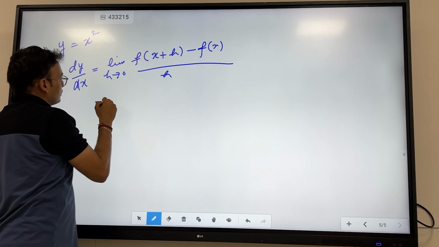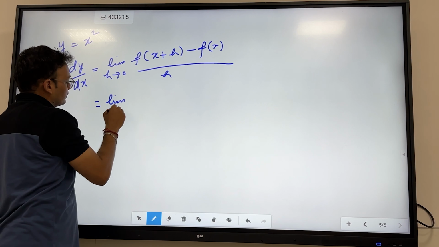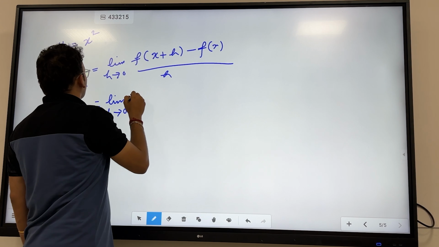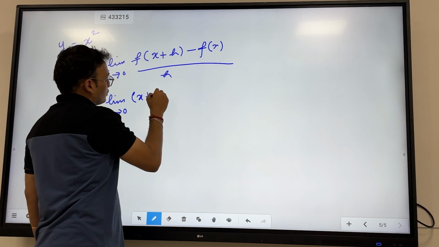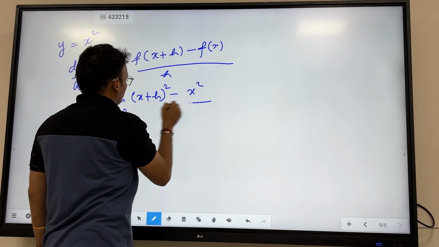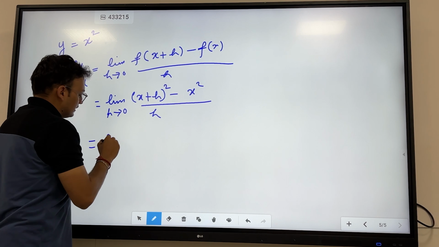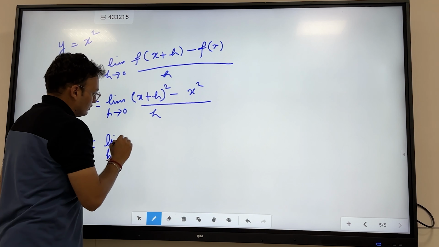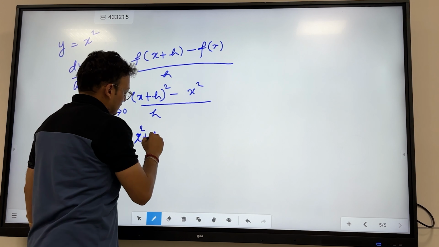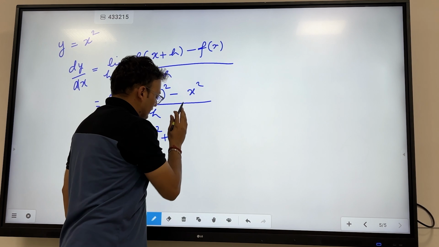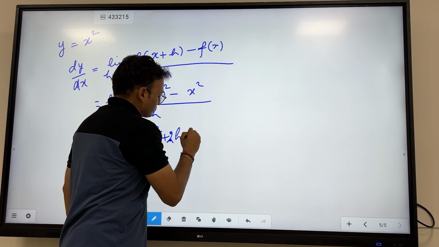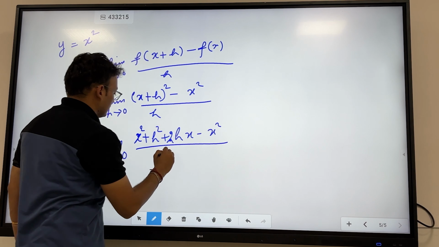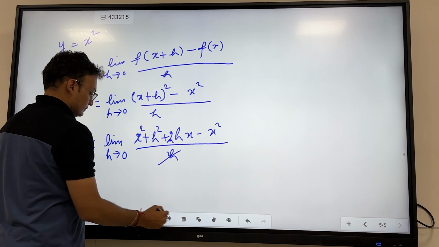And apply the first rule. Now put the value. So can I say this will be (x plus h) whole squared minus x squared over h, and this will be limit h tends to 0 of x squared plus h squared plus 2hx minus x squared over h, right?